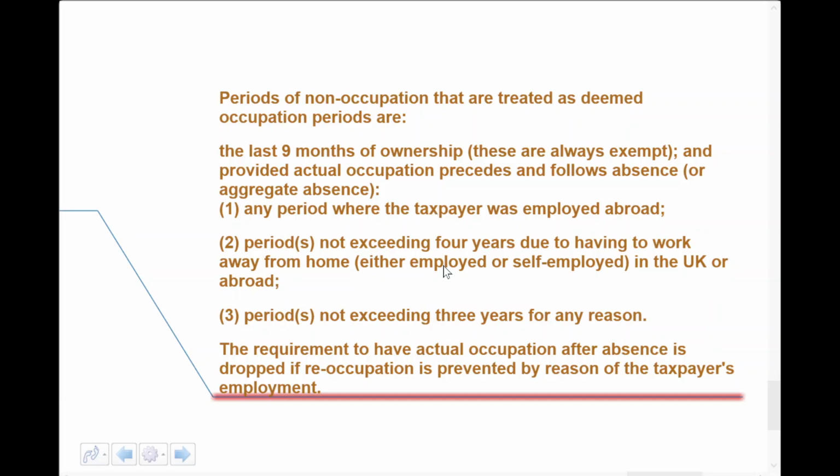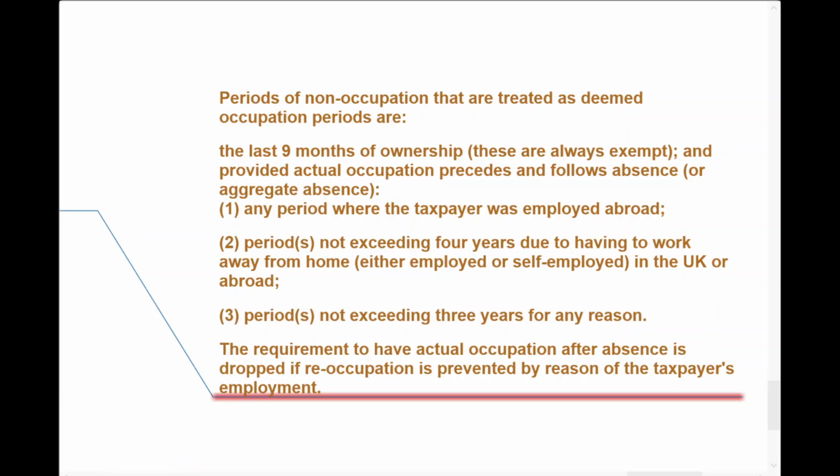We have to rote learn these, but be careful, because as it says here, the requirement in relation to actual occupation is that they must be preceded and followed by actual occupation. So each of these three, there may be one of them in play in the question, or possibly two, but they have to be preceded and followed by a period of actual occupation.